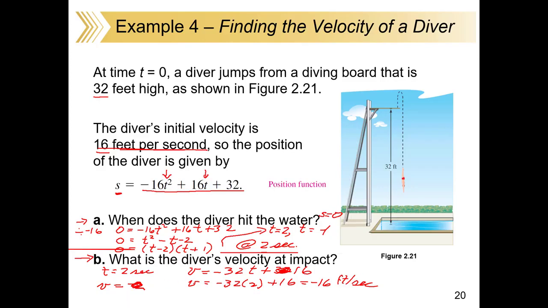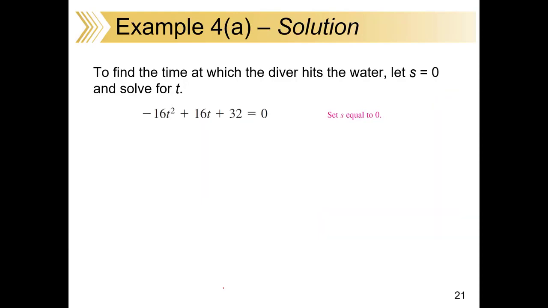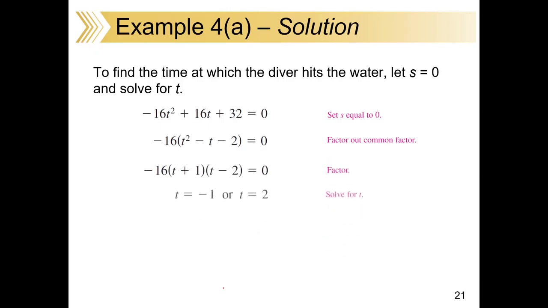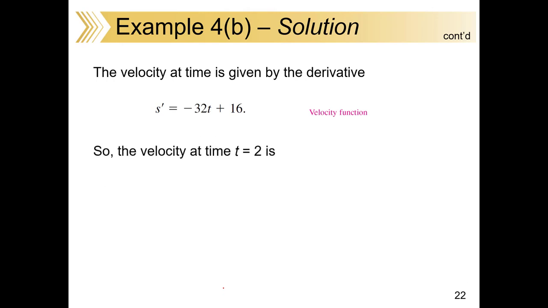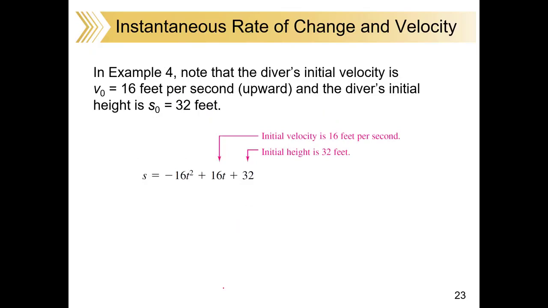That's a good time to use a calculator, right? There we go. So put the 2 in, and there we'll get the answer, negative 48 feet per second. There's our real answer, sorry. So this tells you a story about the diver and how fast and where he is at any particular moment.